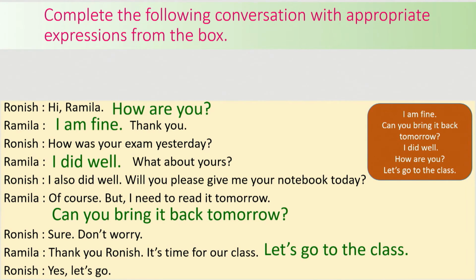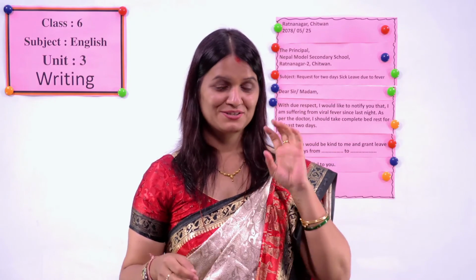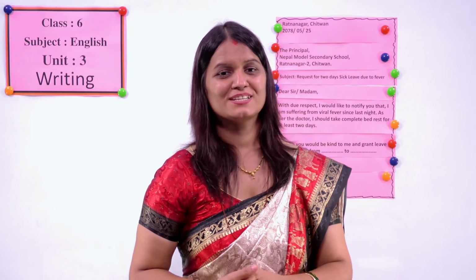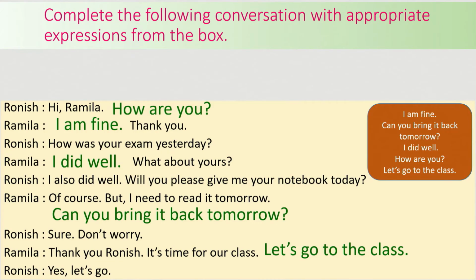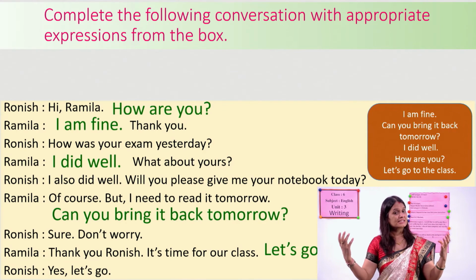Now, in pair, one is Ronis, another is Ramila, and you are reading this conversation. Okay, so you have completed reading Ronis and then Ramila's part, right? So let's read once again. Ronis: Hi Ramila, how are you? I'm fine, thank you. How was your exam yesterday? I did well. What about yours?